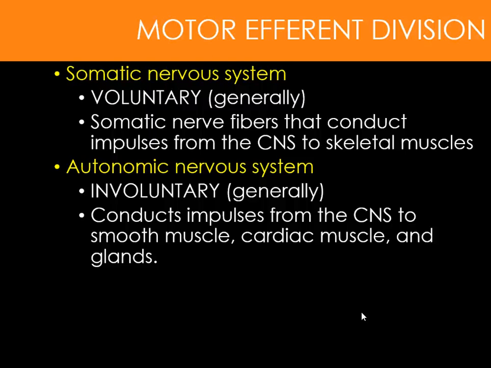Involuntary is going to go to smooth muscle, cardiac muscle, and glands. Okay, so like your digestive system, your heart, your diaphragm, your salivary glands, whatever, all of those things. And those are things you don't have to think about. Your body just does it. It's automatic, right? Please remember that's autonomic nervous system, not automatic nervous system. That gets confusing for people sometimes. Autonomic is involuntary, somatic is voluntary.